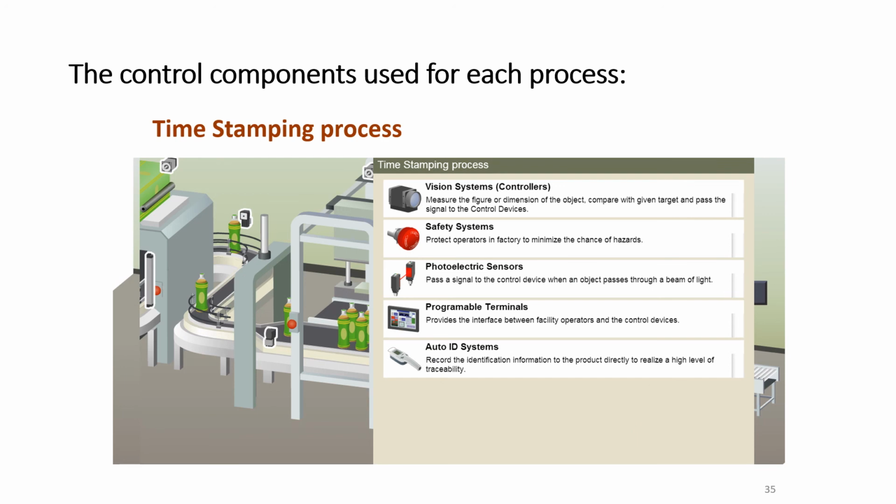So we have again some elements: vision system, safety system, photoelectric sensors, programmable terminals, and auto ID systems. Auto ID systems or barcode readers record the identification information to the product directly to realize a high level of traceability. So we want to be able to trace bottles and identify different types of bottles.